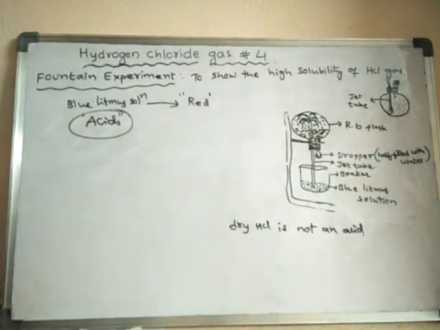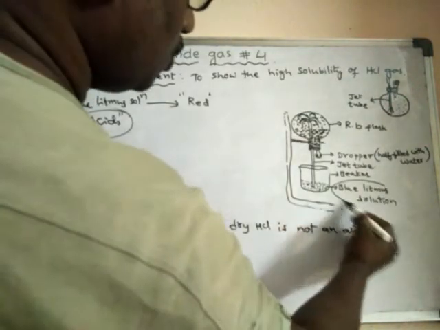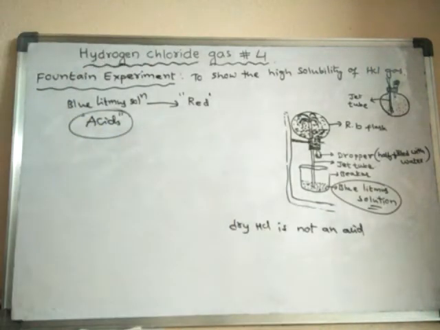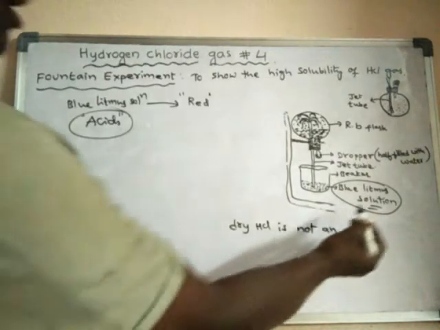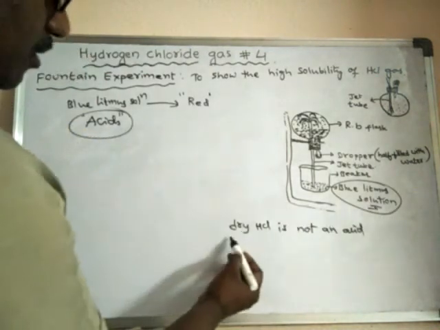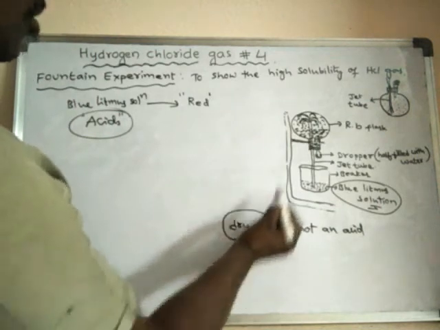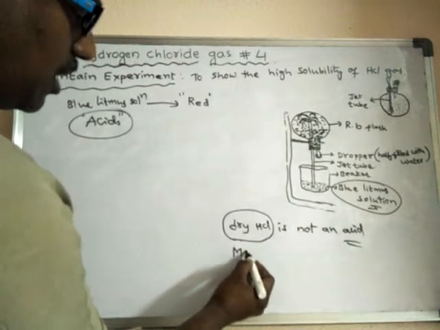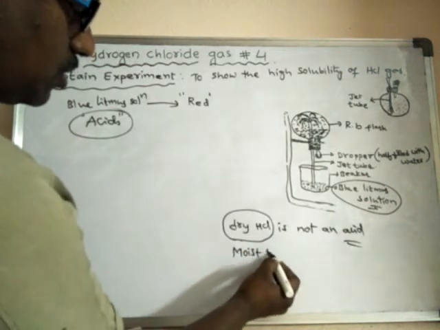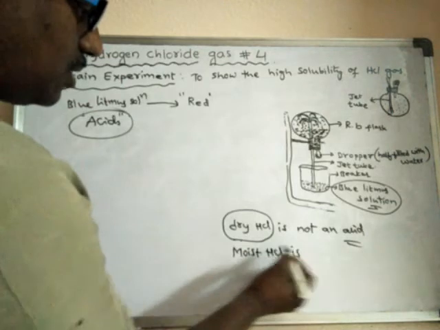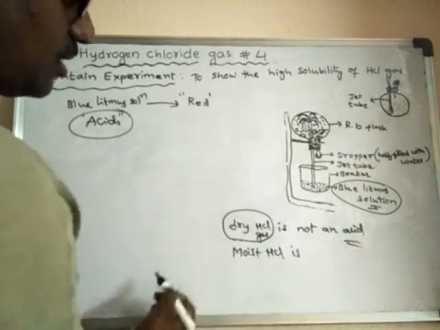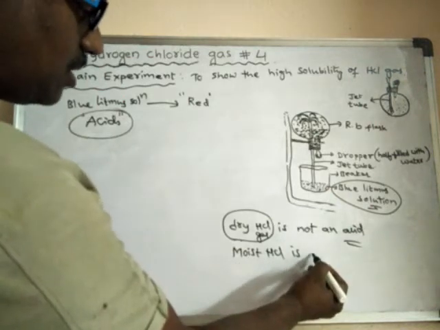But the blue litmus solution contains moisture, so in the presence of that water, this dry HCl gas will show acidic nature. So moist HCl is acid. Dry HCl gas is not an acid.